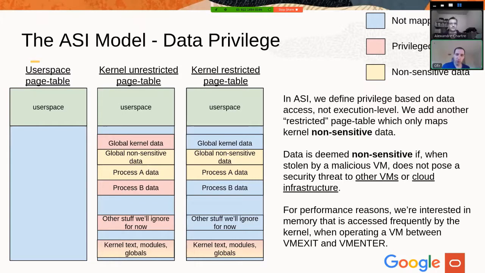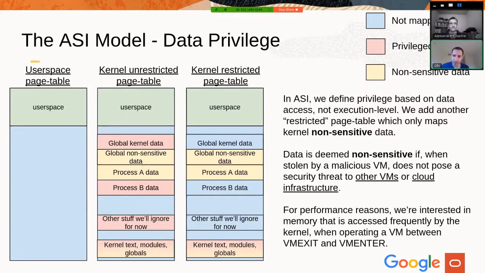So on the right-hand side, we had the user space page table, and now we have, in a simplified scenario at least, 2 extra page tables. The unrestricted page table, which is basically what we used to think of as the kernel page table, which has everything. And then we have the restricted page table, which is the ASI page table. The restricted page table only has mappings of non-sensitive data.